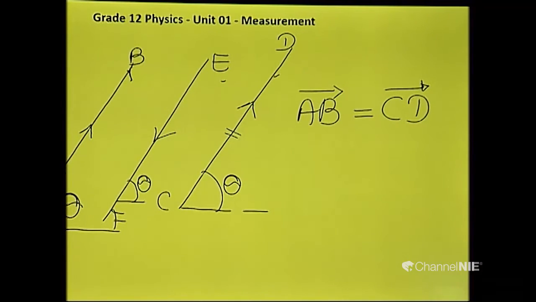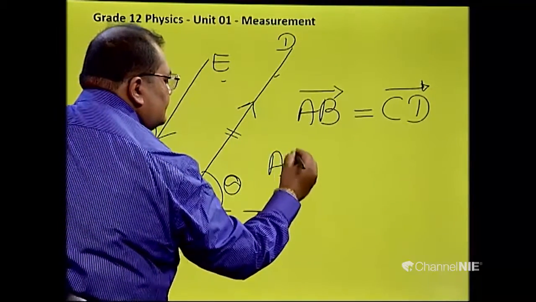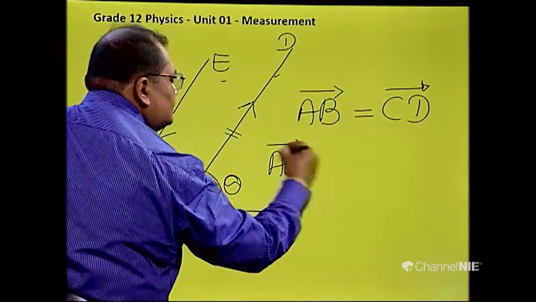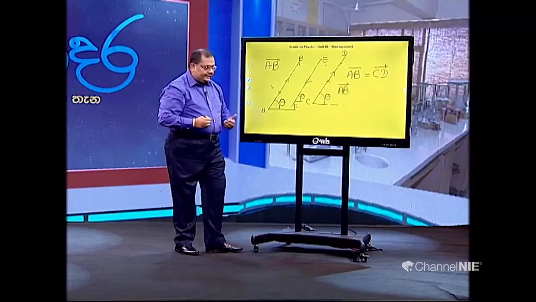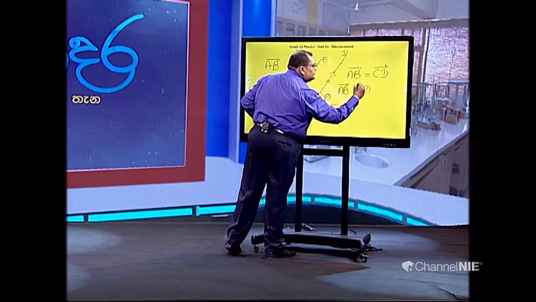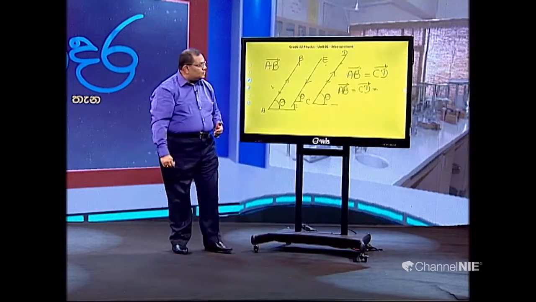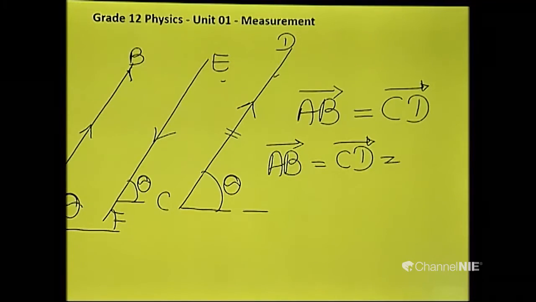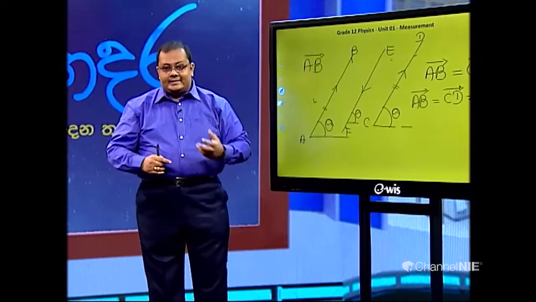Then you can write A to B vector is equal to C to D vector is equal to minus E to F vector. E to F is opposite. If you want to change the direction of the arrowhead, you have to apply an extra minus sign.